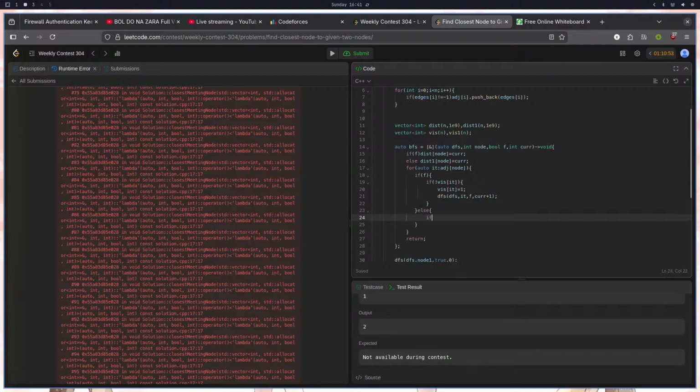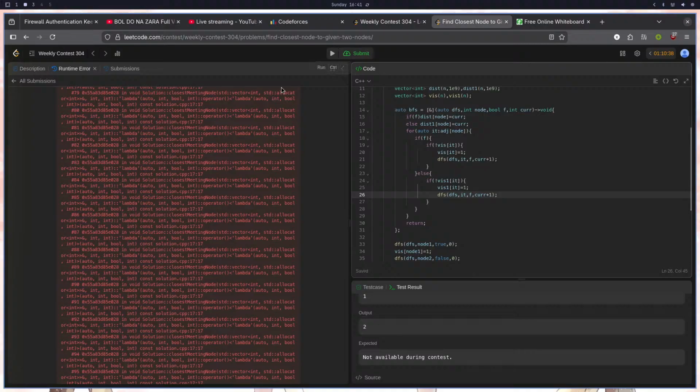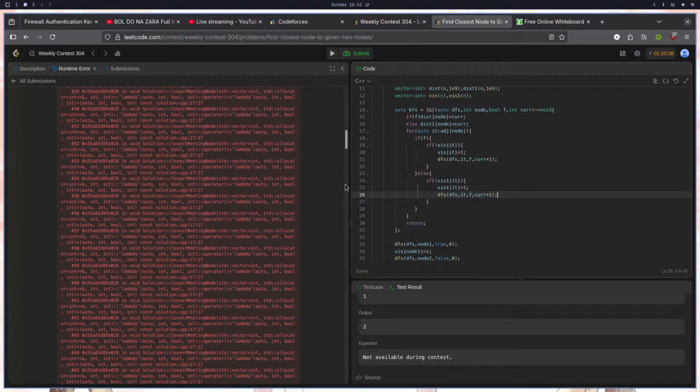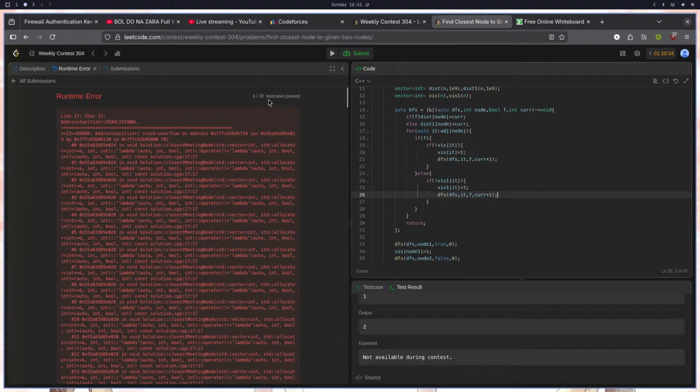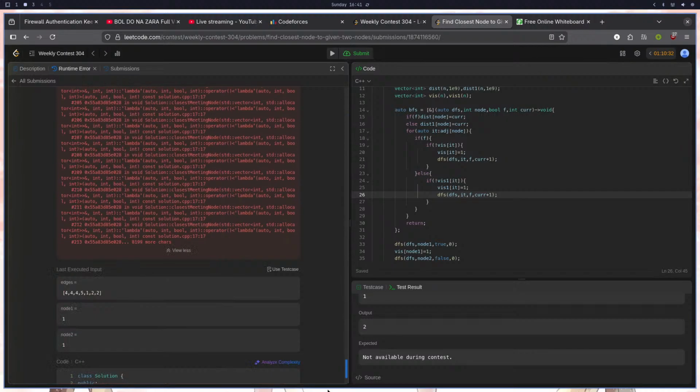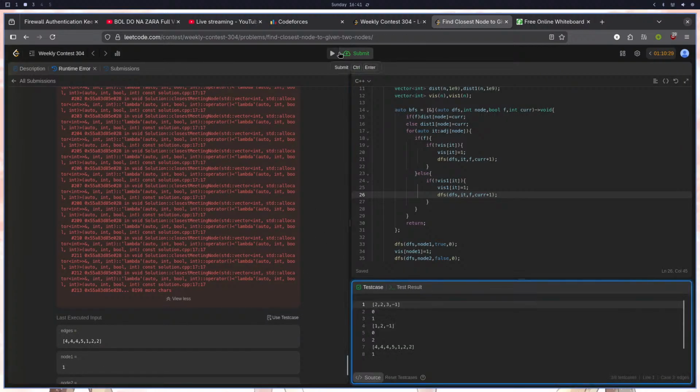Else if not of this one of ID, so is one of ID with one, DFS ID, cur plus one. Use this case, run.